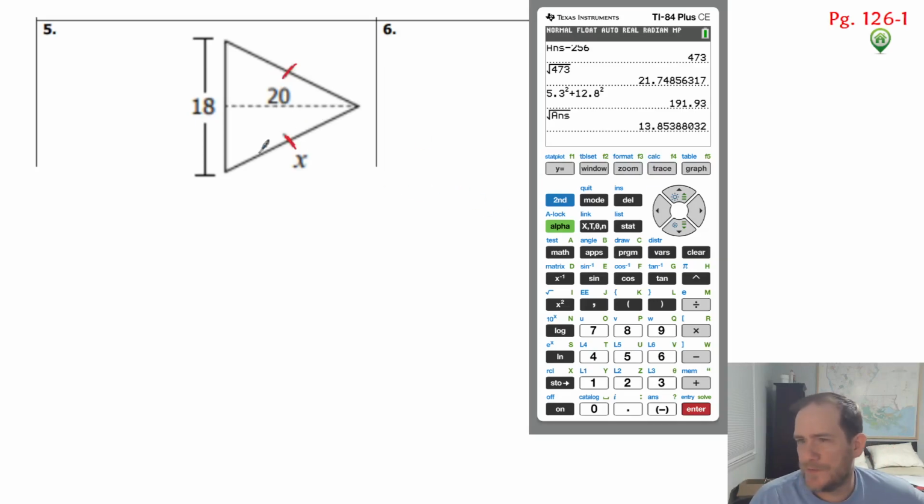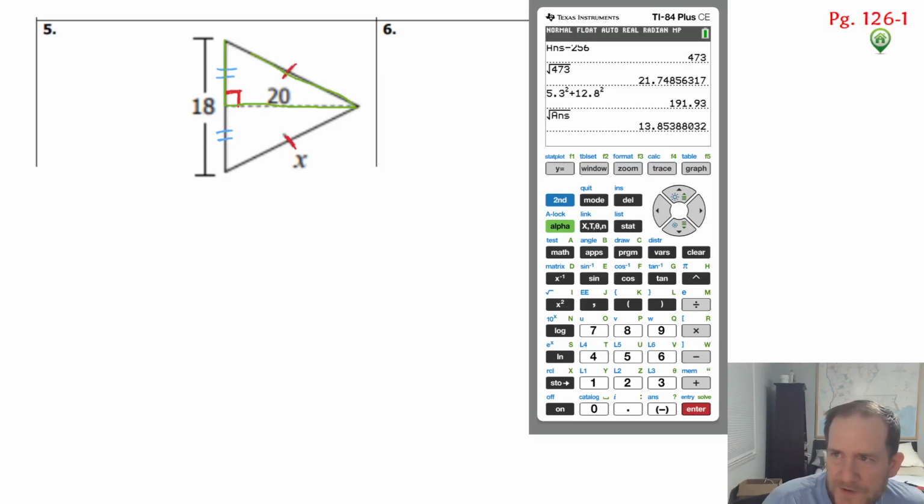And we don't know this for sure, but I'm assuming that this dotted line here is meant to be perpendicular to the base. It would just make sense that it is. And we said in class that this line that's perpendicular to the base also is guaranteed to cut the base exactly in half. Now that's only true in an isosceles triangle, but since we're in an isosceles triangle, we can bank on that side right there getting cut in half.